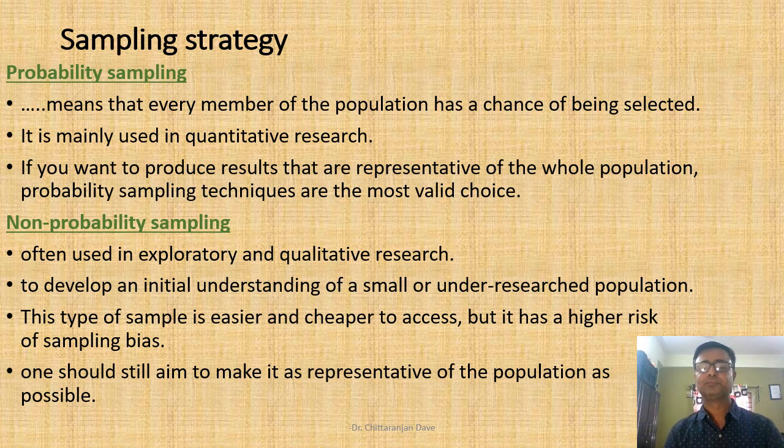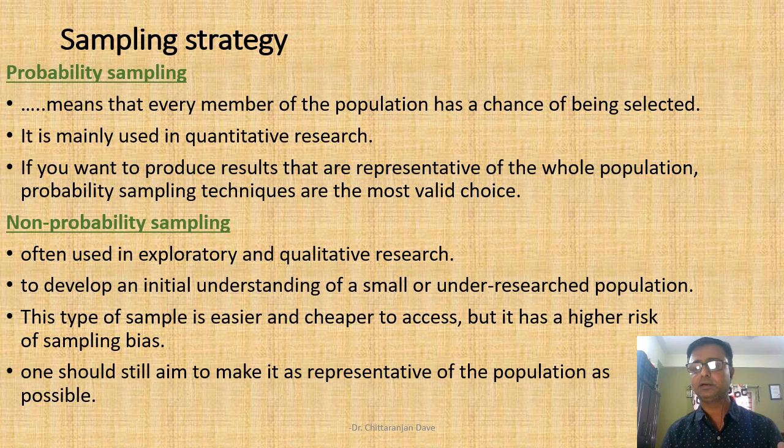Any individual or any object from the target group of objects has an equal chance of being selected. That is generally used in quantitative research. And if you want to produce results which are representative of the whole population, this is the best sampling strategy to choose. Then we talk about non-probability sampling.